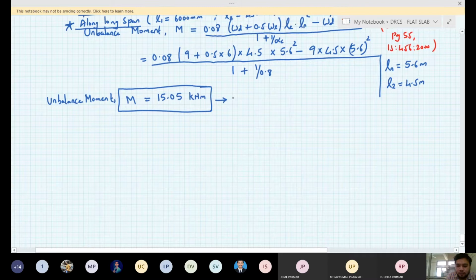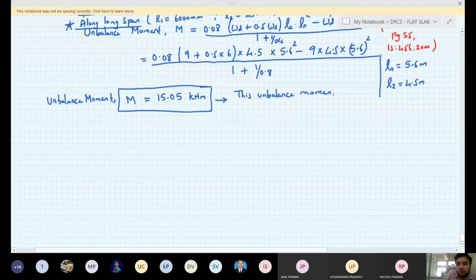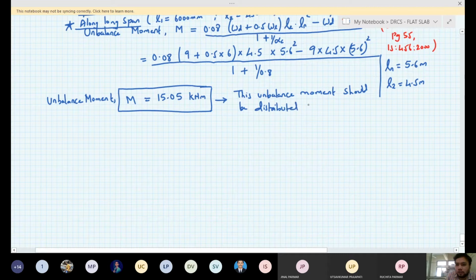So this unbalanced moment should be distributed among upper and lower columns based on their stiffnesses.